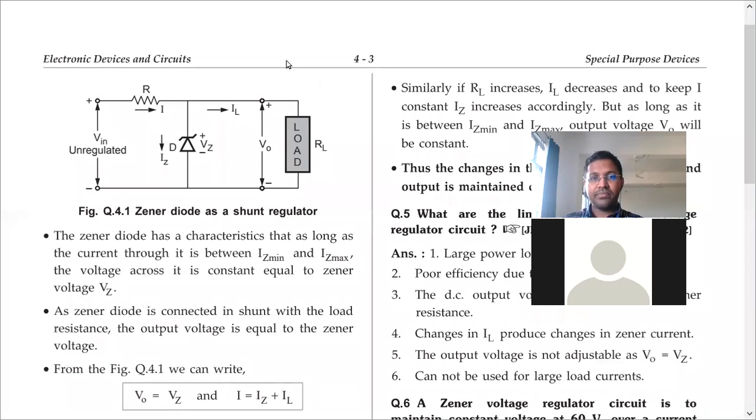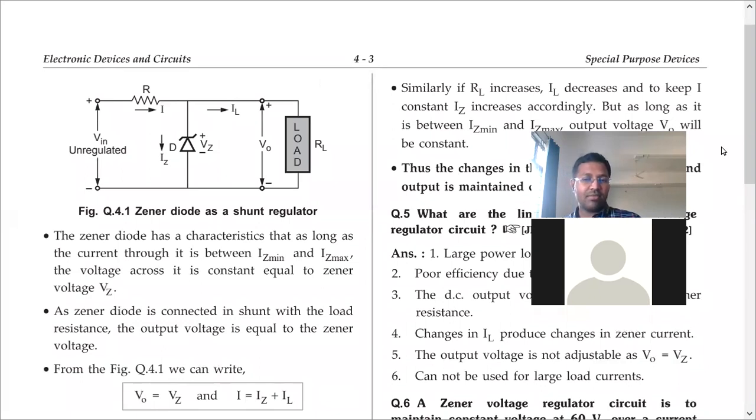Anybody please answer? Fast. If RL reduces, what will happen to IL? First of all, what is V naught? Is it constant or varying? Answer. 455. Who is 455?